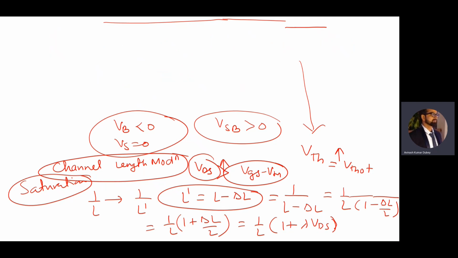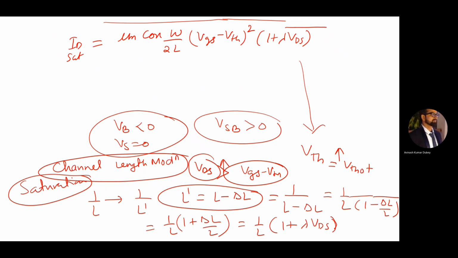In the saturation region, our current equation ID saturation will be changed to mu n COX W by twice of L, VGS minus VTH whole square, and 1 by L is replaced by 1 by L into 1 plus lambda VDS. So the 1 plus lambda VDS term will come here, in the saturation region only.